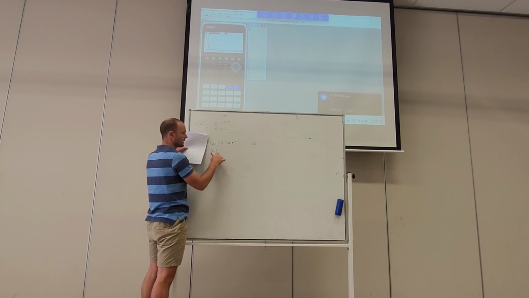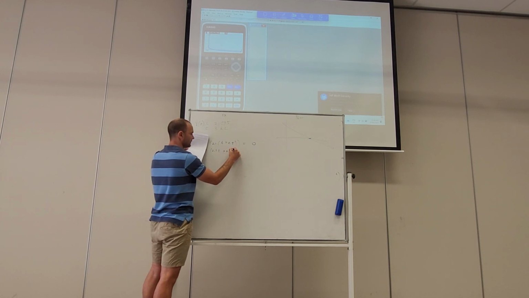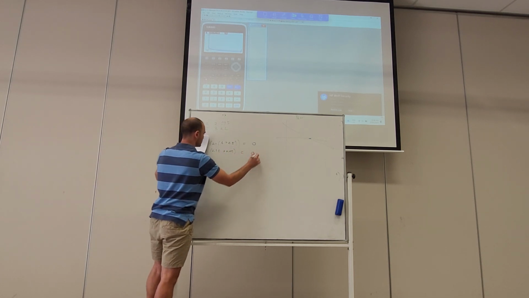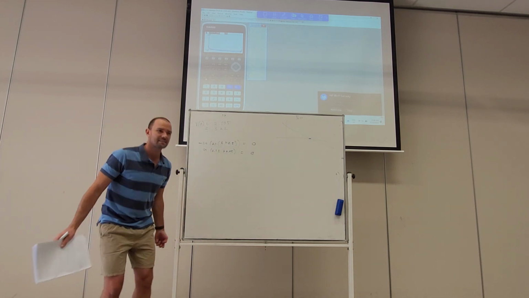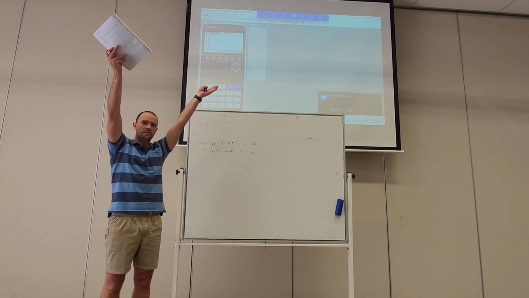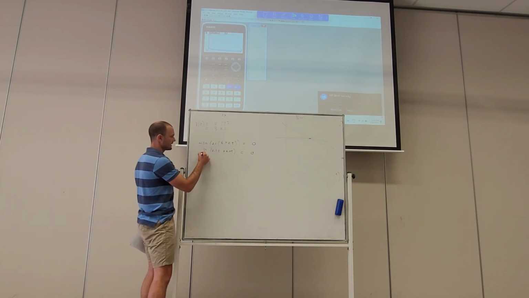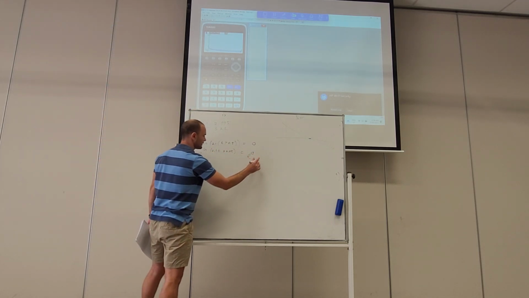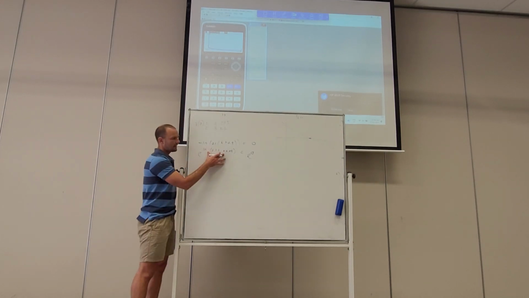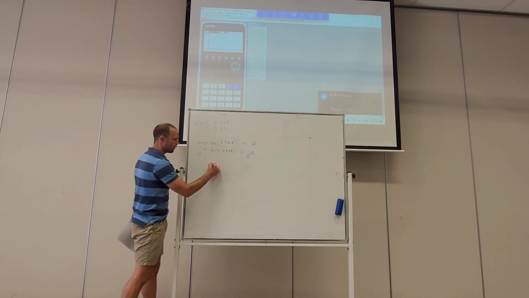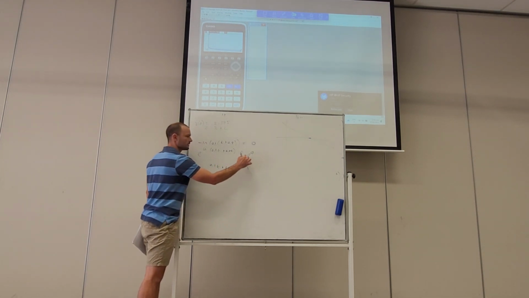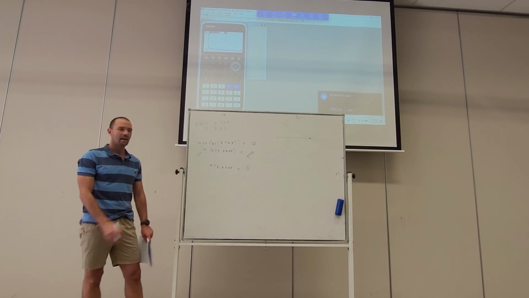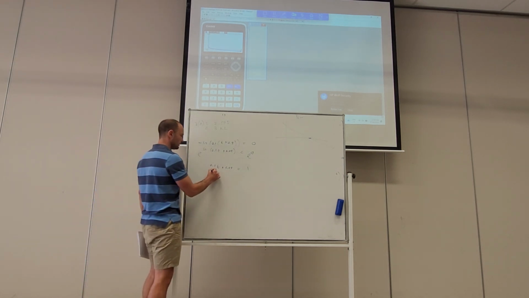If you want, here as well, you can distribute the 0.1, plus 0.05, and that's going to equal 0. Now we're solving for t, which means we're going to raise e to the power of both sides. I'm going to raise e to the ln and e to the 0. And e to the ln allows me to get rid of the ln. On this side we'll have 0.1t plus 0.05 equals e to the 0, which is 1, and now it's a linear equation.